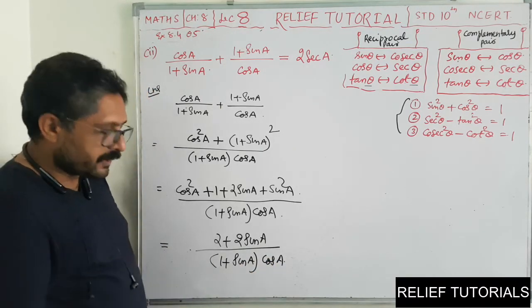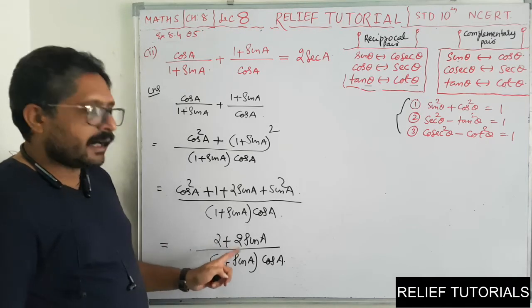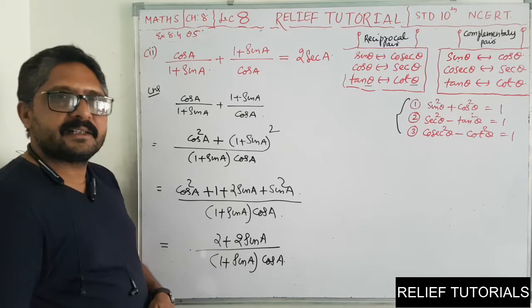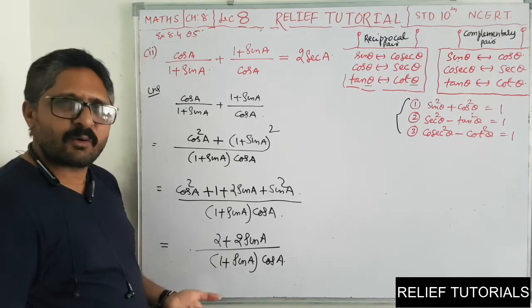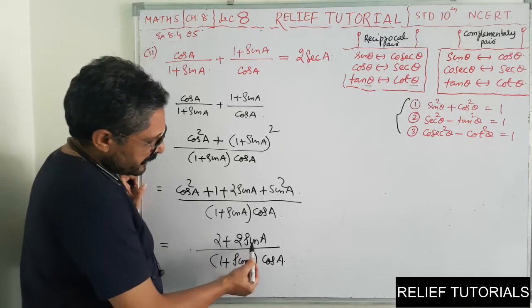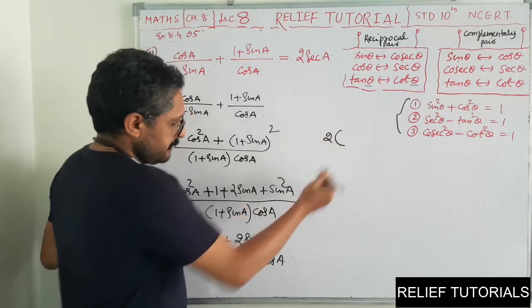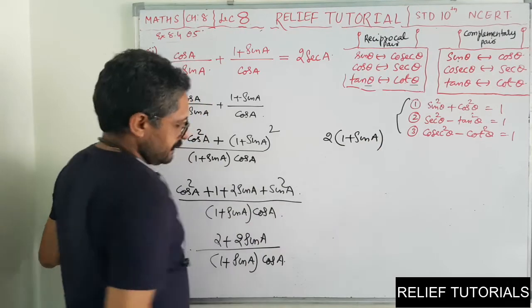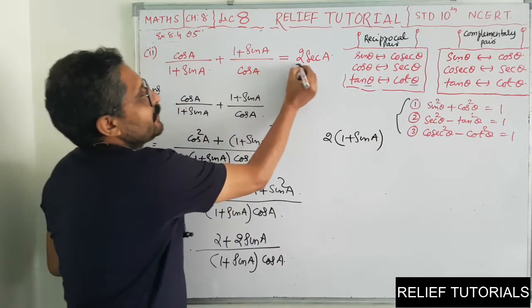So now what can we do further? See here. Algebraic operation means you have to take LCM, you can use an algebraic identity, or you have to take common. That's all. These 3 operations mostly. So 2 plus 2 sin A, I can take 2 common. So if I take 2 common, I will get 1 plus sin A. Keep the RHS in your mind. See, you require 2 here.